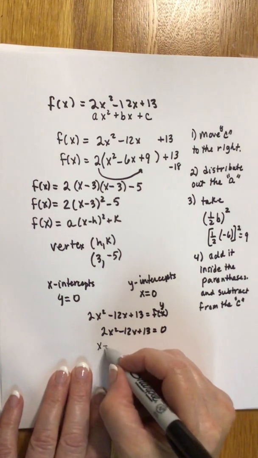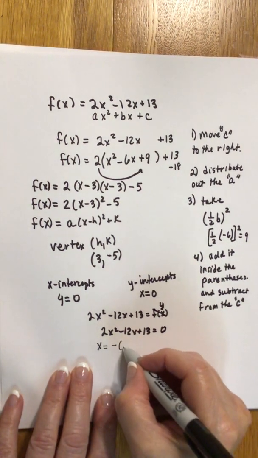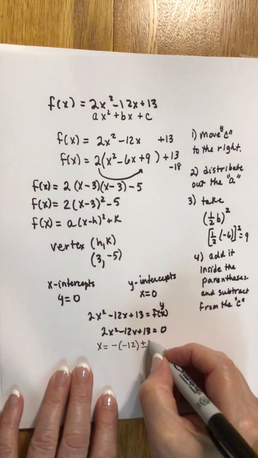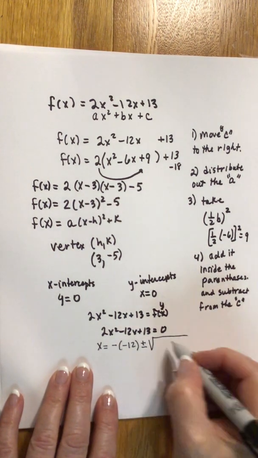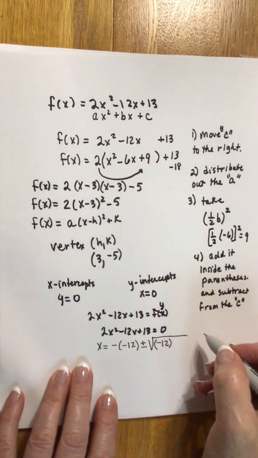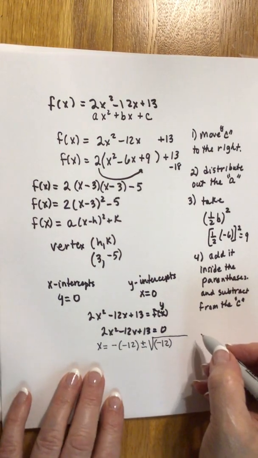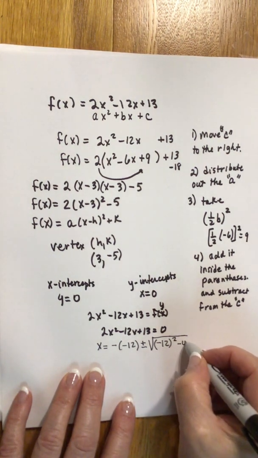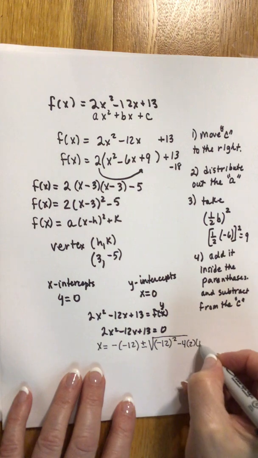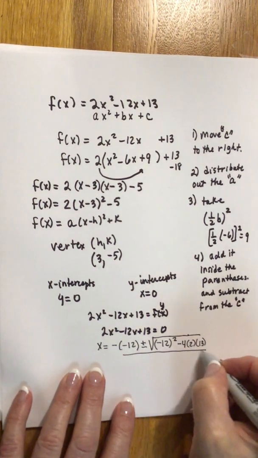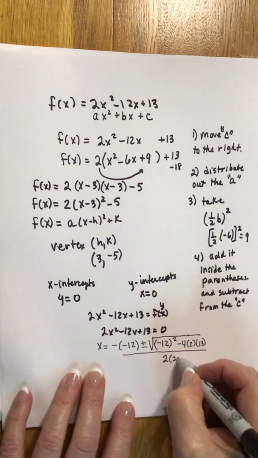So I have x equals negative b plus and minus the square root of b squared. Notice I'm putting the b's with the negative signs inside the parentheses, so when I square it, minus 4 times a times c, all over 2 times a.